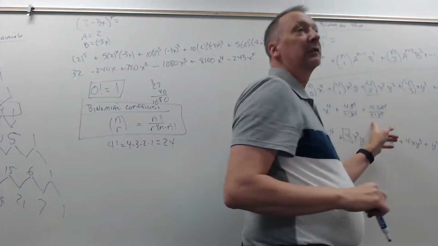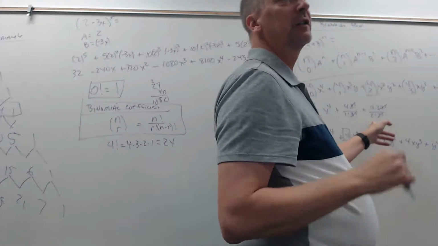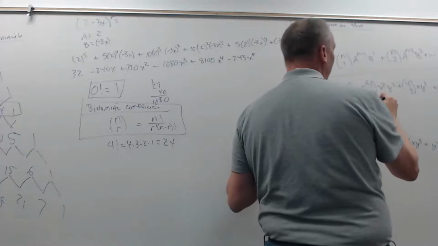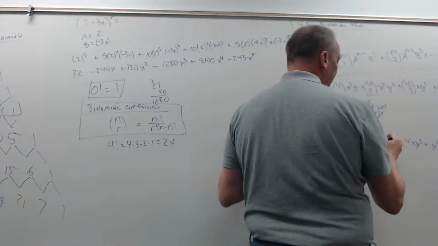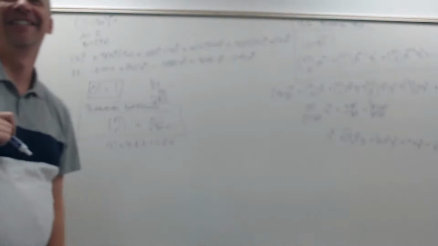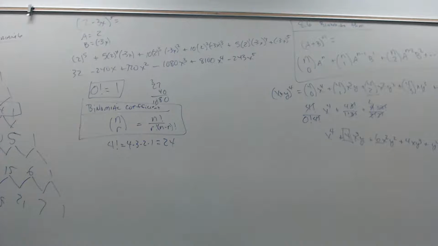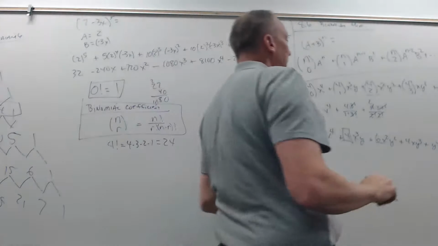What's 2 factorial? 2. 2 goes into 4 twice. 2 times 3 equals 6. Anybody going to take statistics? You're going to use this in statistics a lot. These are combinations and permutations.